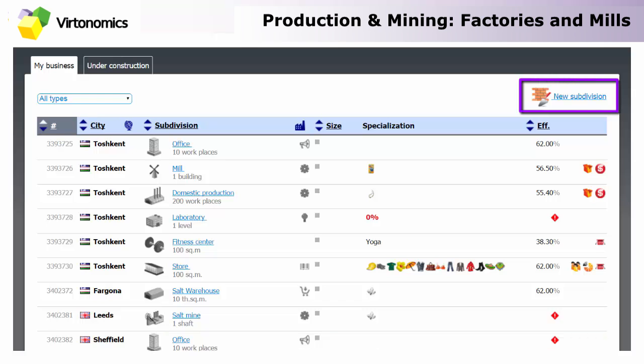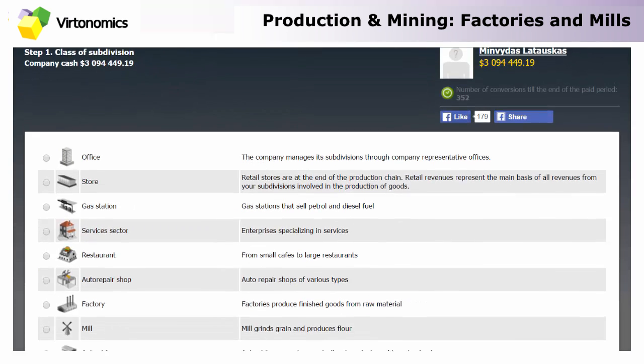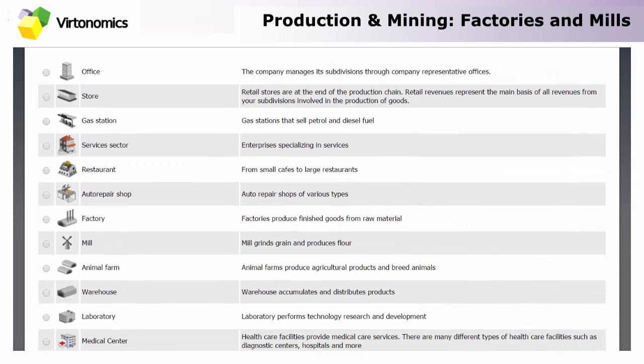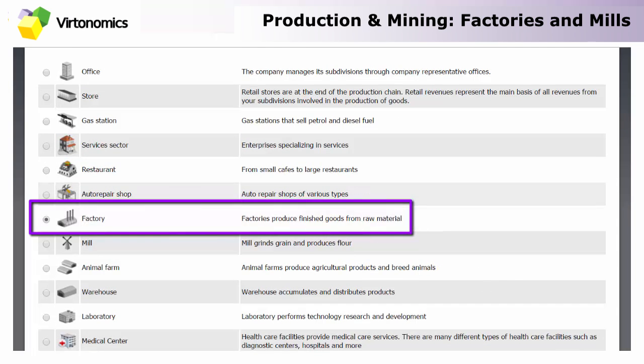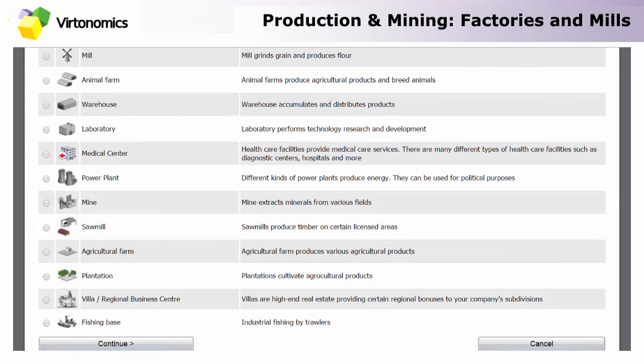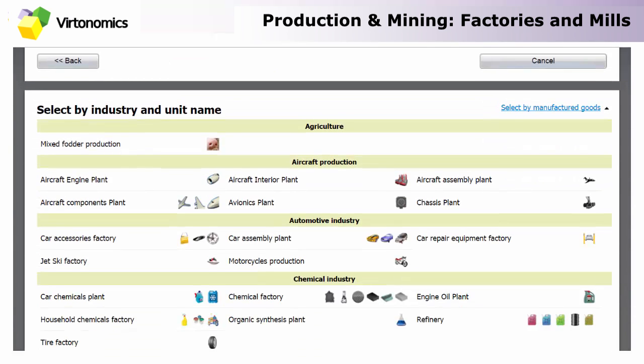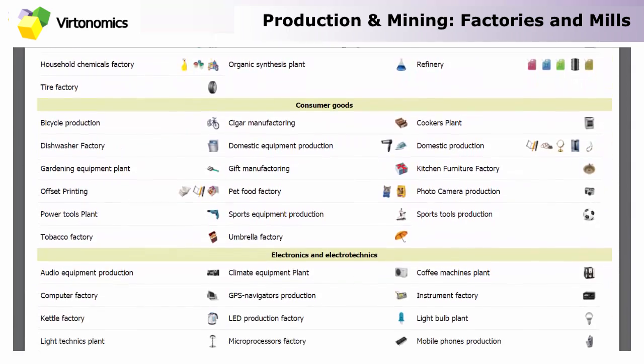Factories and mills, also called plants, also open from the New Subdivision tab. All we have to do is choose a specific factory. Factories can be opened virtually in every country. All we have to do now is to choose what kind of product you want to produce.